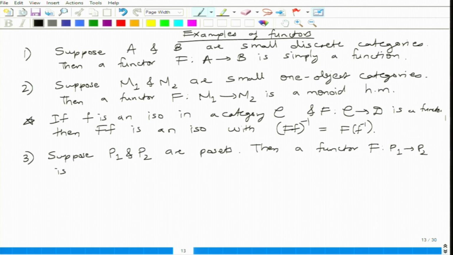It preserves order. Why? Because a poset is a pre-order. Pre-order means the hom set is non-empty. If it is non-empty, then the corresponding hom set also has to be non-empty. So you can see how beautifully all these different special cases come under one umbrella.